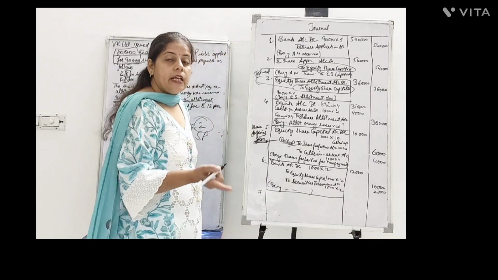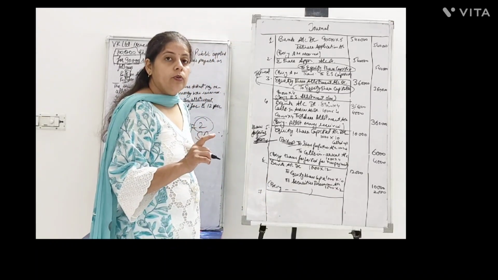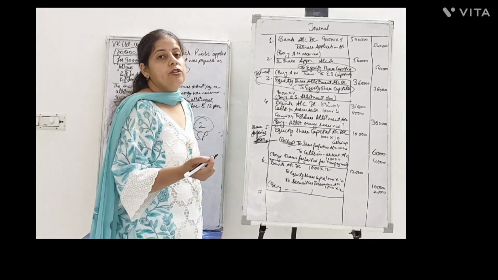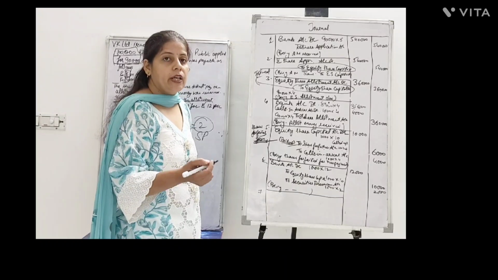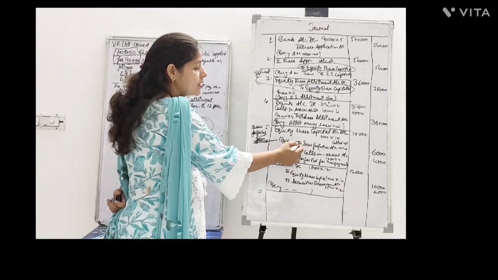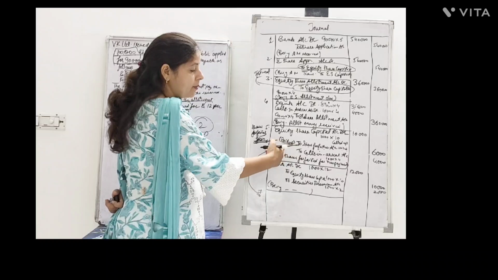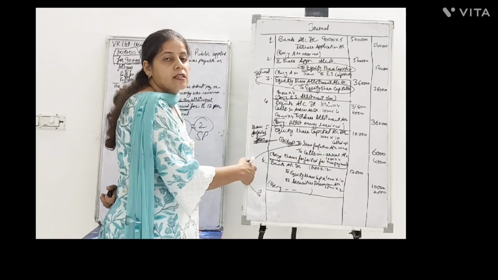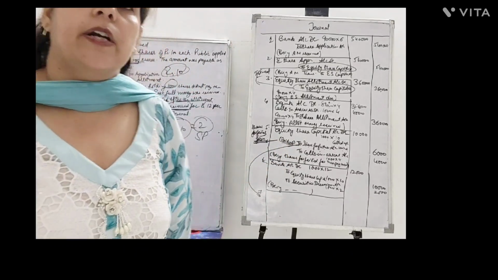Now after they were reissued, I have told you what you have to do. You have to transfer your profit to the capital reserve account. Here again, nothing has been debited to the share forfeiture account.